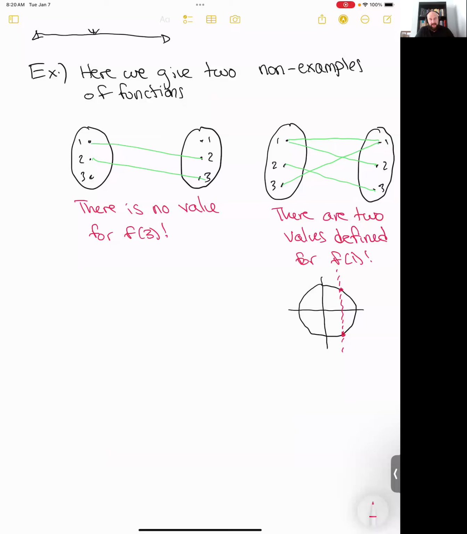But the reason why is because there's some value in the domain that's getting sent to 2 different values in the codomain, and that's not a function, right? So it's the same kind of thing as what I'm explaining in this second picture going from a domain to a codomain, right?